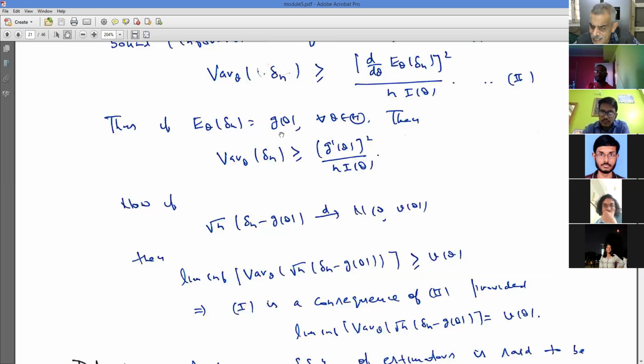Then in this case I should prefer the one for which variance is less, small. So that is why I should consider variance of n times delta 1n. Is that okay? So that is how you define asymptotic variance, limiting variance or asymptotic variance.